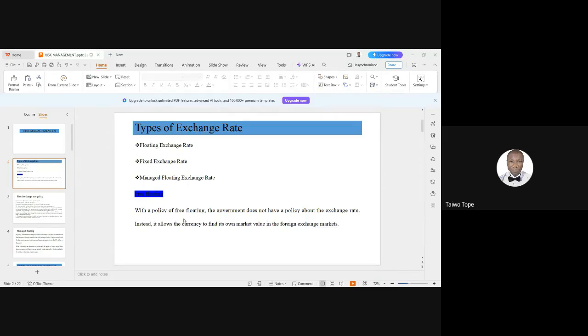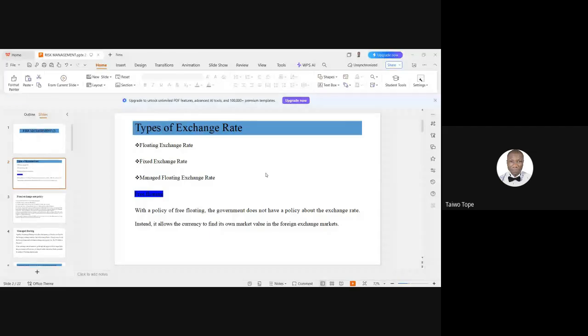So when we talk about the floating exchange rate, this is the rate that is determined by the market forces of demand and supply. It is a rate determined by the forces of demand and supply.